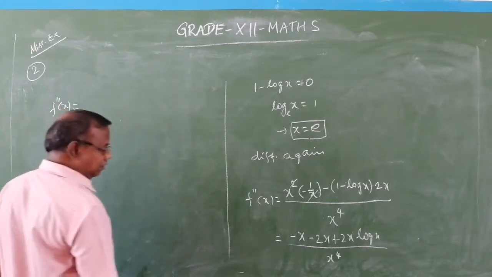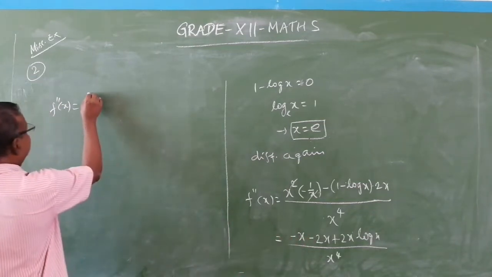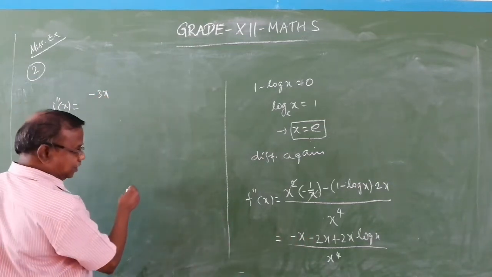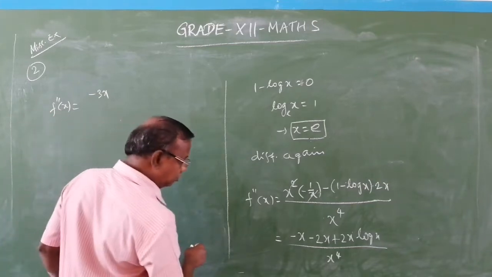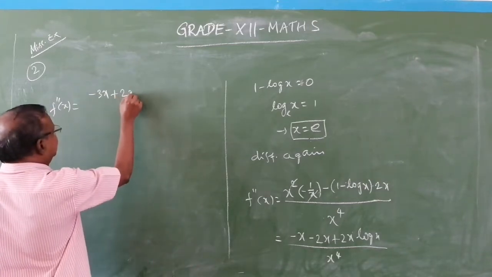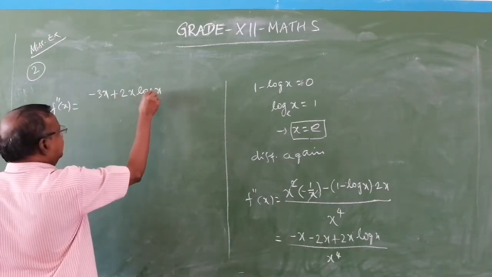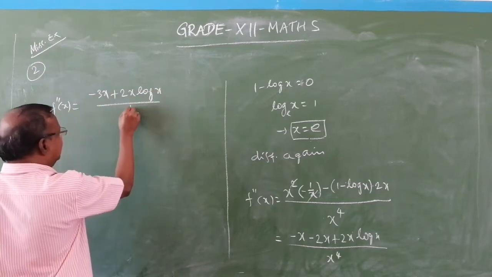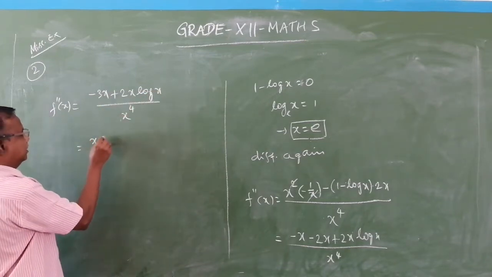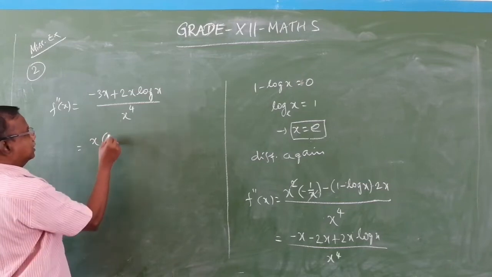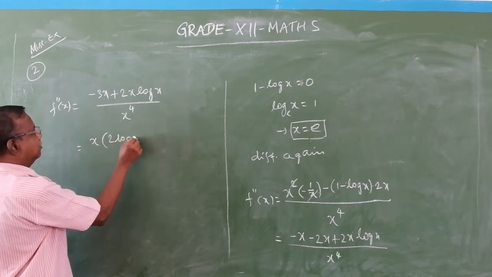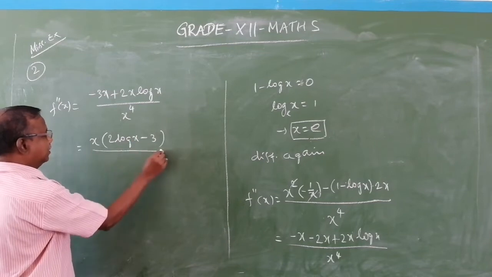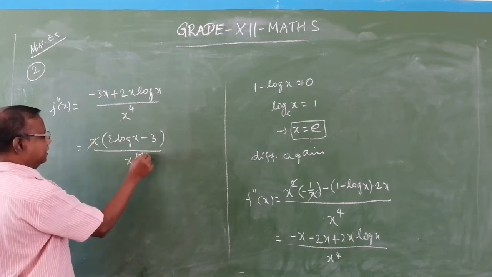We have minus x minus 2x, that is minus 3x, plus 2x log x, divided by x power 4. Taking x as common, x into 2 log x minus 3 divided by x power 4, that is x cube.